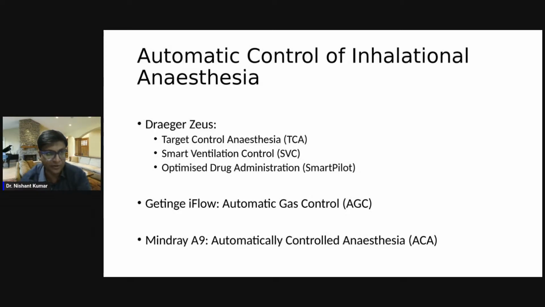As I said, I would be using some company names. I've got absolutely no conflict of interest with any of these. We have the Draeger, we have the Getinge iFlow, and we have the Mindray A9, which have the automatic control of inhalational anesthesia. In Draeger Zeus model, it is called the total control anesthesia. In Getinge iFlow, it is called as automatic gas control. In Mindray A9, it is called as automatic control anesthesia, or the ACA.